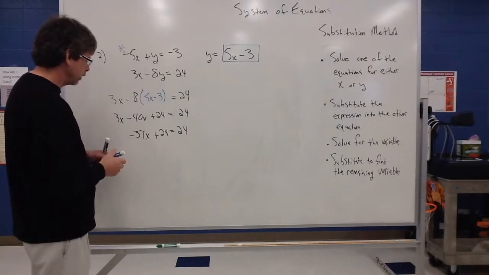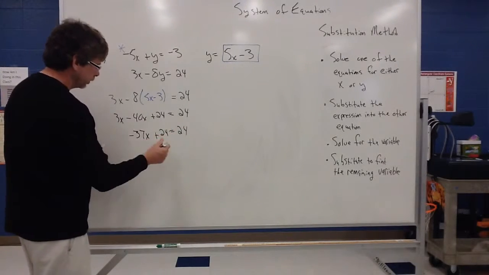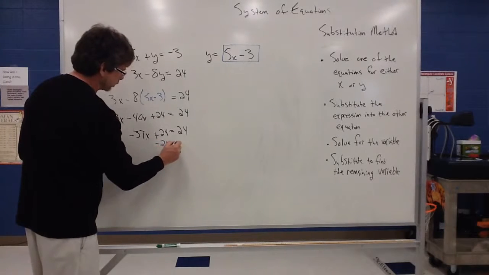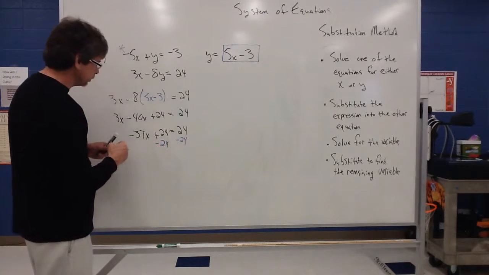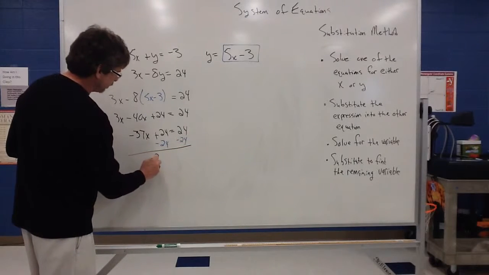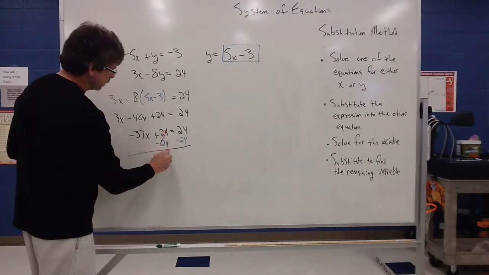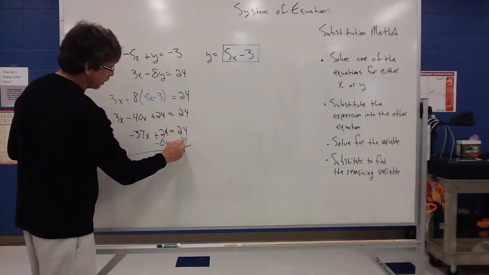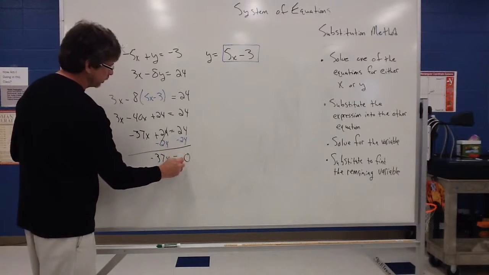We then can start solving for x by zeroing out the 24. So we have then negative 37x, this is gone, and negative 24 and a negative 24 does give me 0.